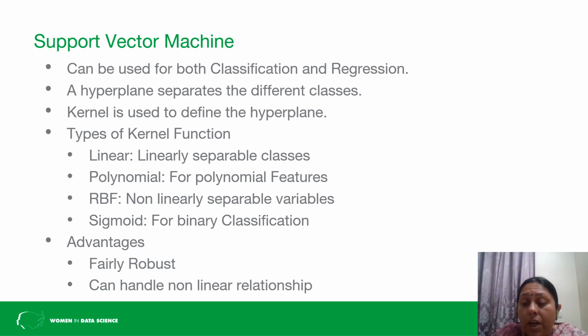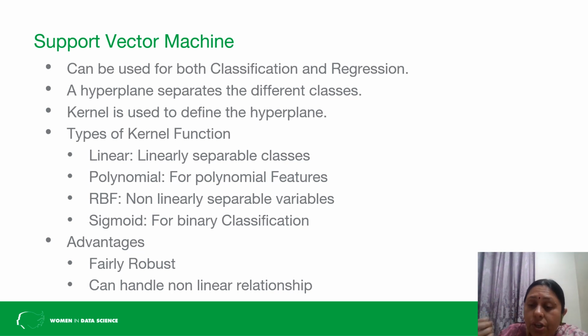Now, let's come to another technique called a support vector machine. Very popular and can be used for both classification as well as regression. The idea here is there is a hyperplane that separates the different classes. So, how do we define the hyperplane?